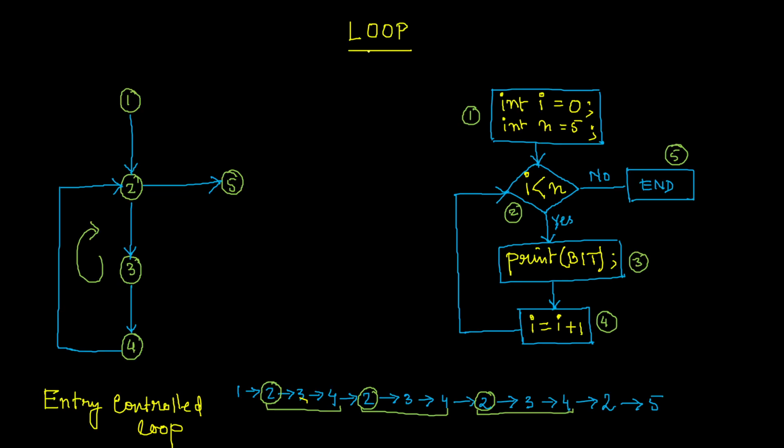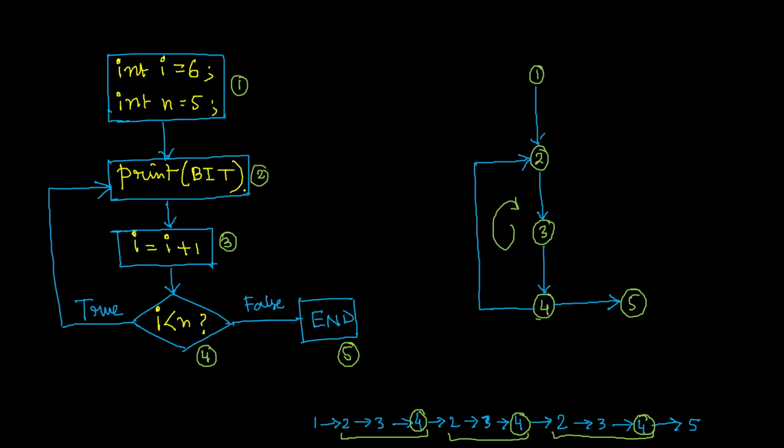But in the other case, if I say instead of 0 it is 6, at the very beginning, before the print statement, the gate will close, and it will come out of the loop and this print will never execute. But it is not true in this particular case. So what you are doing over here is allowing your program to print the statement, or maybe some other job, at least once, and then you are checking whether you will allow the program to do it a second time or not.